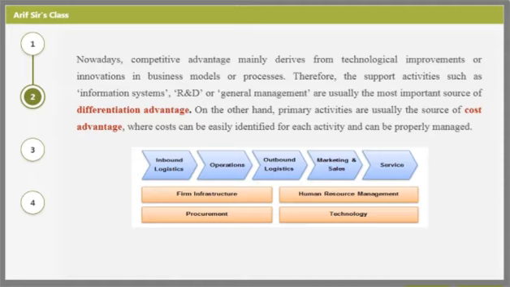On the other hand, primary activities are usually the source of cost leadership or cost advantage, where costs can be easily identified for each activity and can be properly managed.